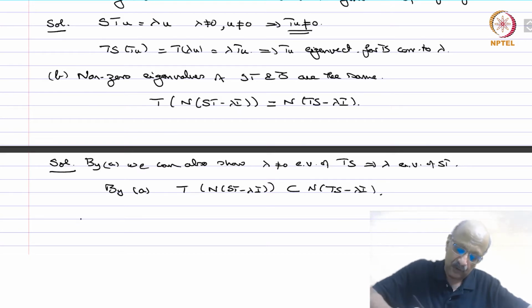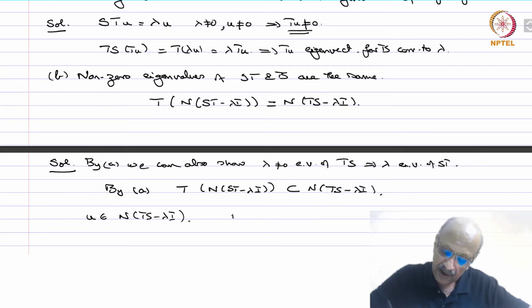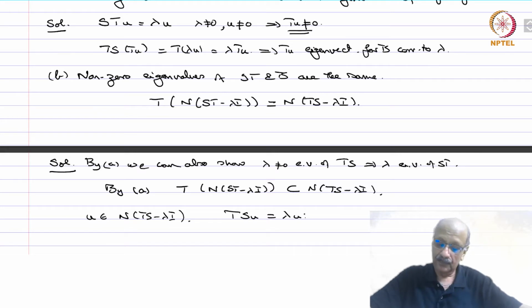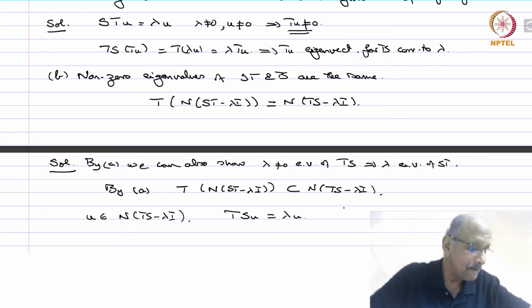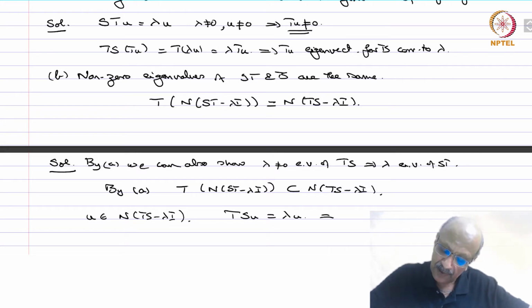So now we have to show the converse. Let u belong to N of TS minus lambda I. Okay, so we have TSu equals lambda u. So this implies that u is T of Su by lambda.